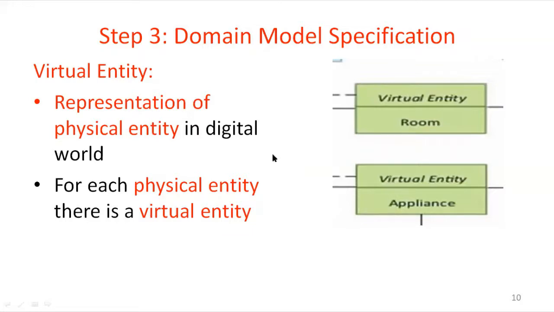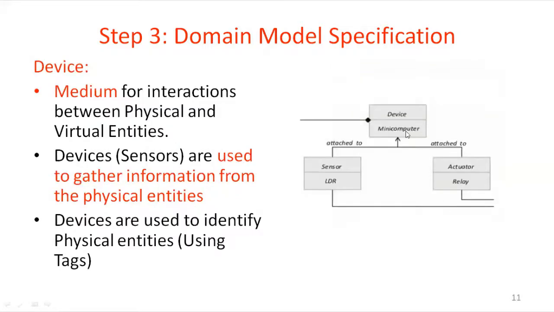The next important one is the device. How can you represent the device? Let us assume a device is a sensor, or an activator. Anything like that you will call a device. What is a device in this case? The device is a medium for interaction between a physical and a logical entity.